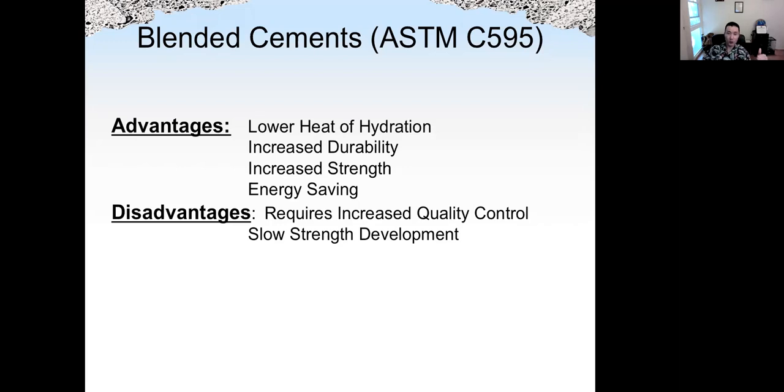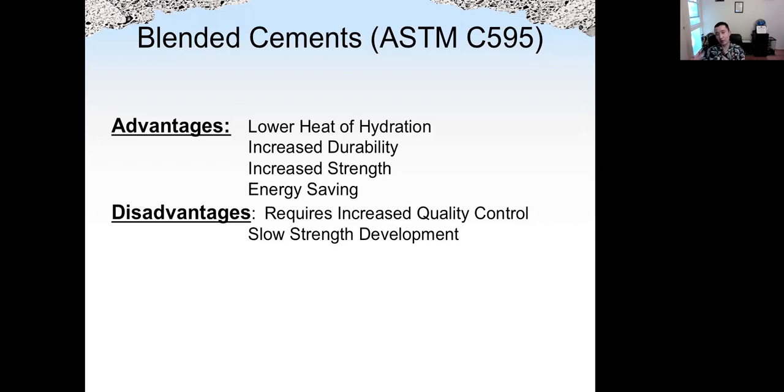It will also increase the amount of CSH. As a result, the strength will be increased, durability will be increased, and also we save energy. That is because we replace cement with waste materials. And remember, when we produce cement, a lot of energy is used.